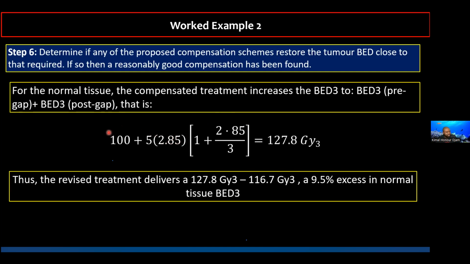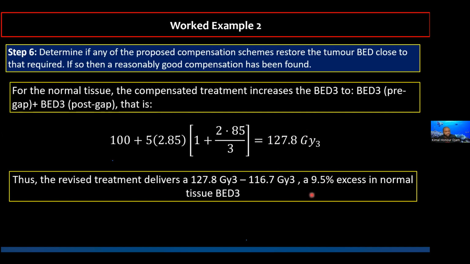If we calculate the normal tissue BED, the value is 127.8 grays. The originally calculated BED was 116.7, and so the difference here will give us a 9.5% excess in normal tissues.